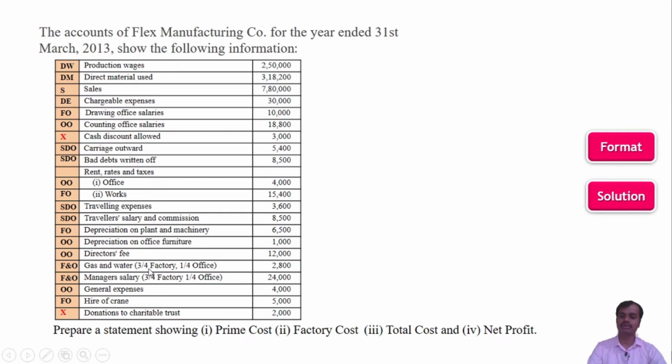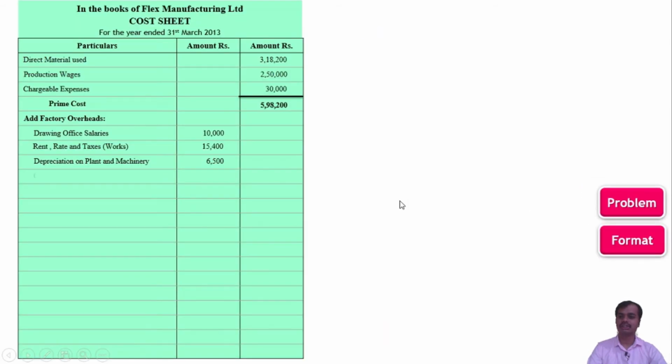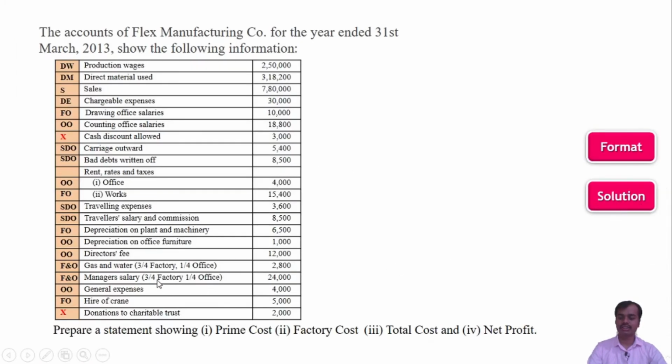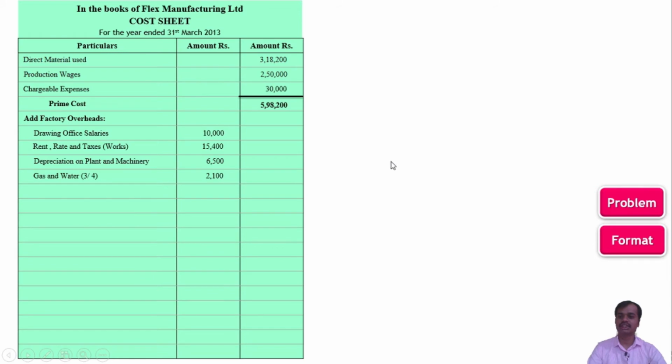That goes to factory overheads. So we'll mention gas and water 3/4, 2,100. Next is manager salary, again the 3/4 of 24,000 for factory overheads, which is 18,000.